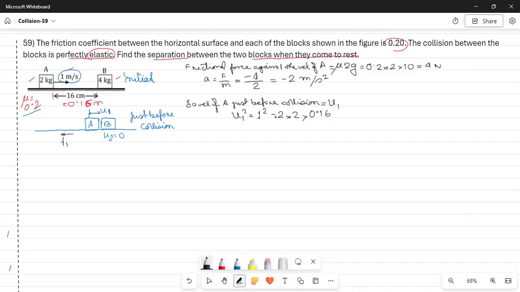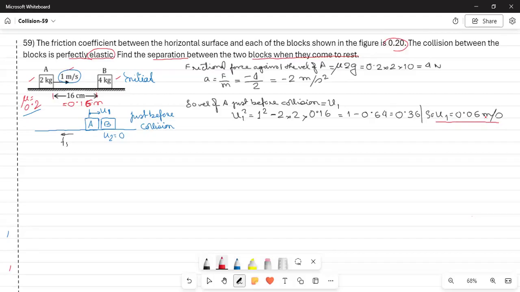Here, since acceleration is negative, there is a minus sign. So this is equal to 1 minus 2 into 2 into 0.16, which is 0.64. So u1 squared is 0.36. So we get u1.